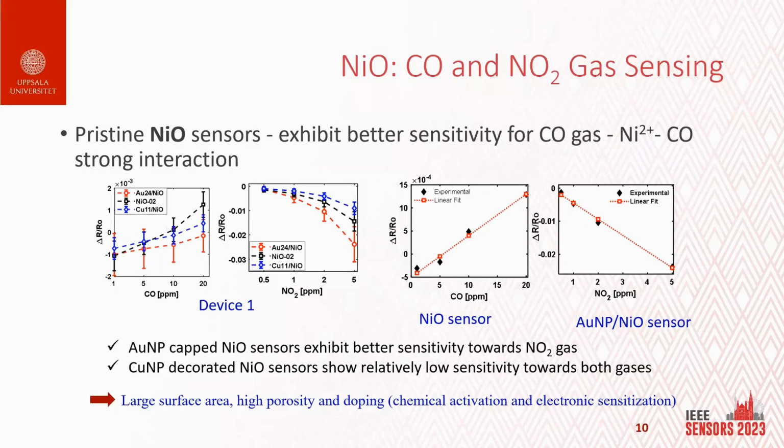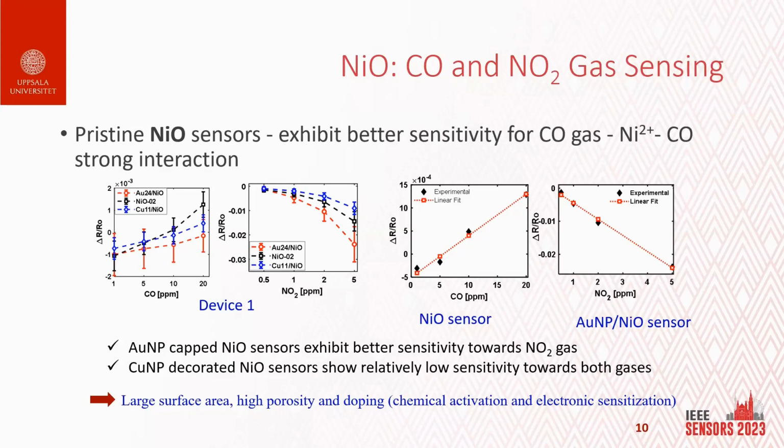As you can see here, these are the sensor responses for nickel oxide and the ones decorated with gold nanoparticles and copper oxides. For CO, the pristine nickel oxide gives a better sensitivity than the others, which show almost none, with negative values. This means CO is a very difficult gas.